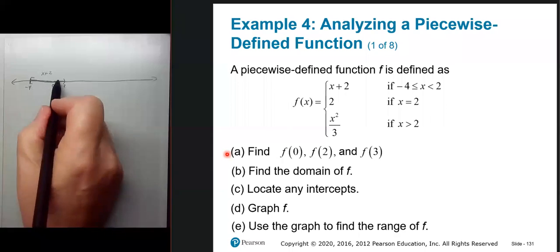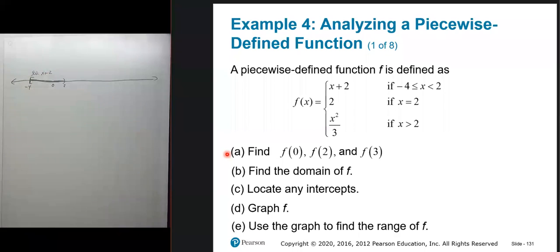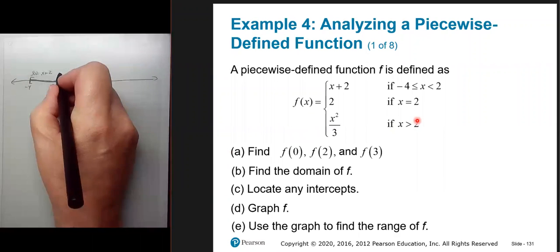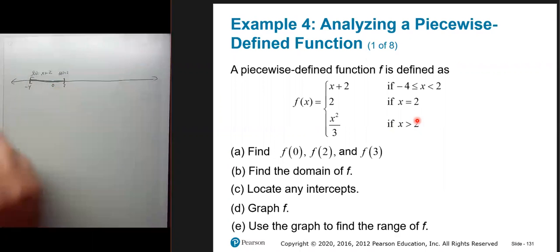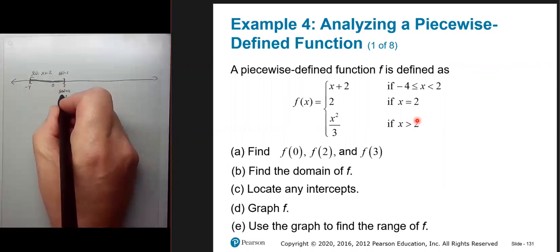So in this interval, we use f of x equals x plus 2. Now, when x is 2, then we use f of x equals 2. So that means f of 2 equals 2. That's the point (2, 2).